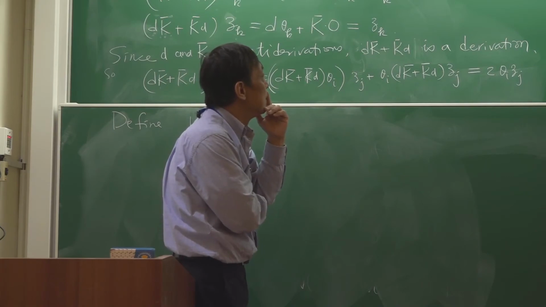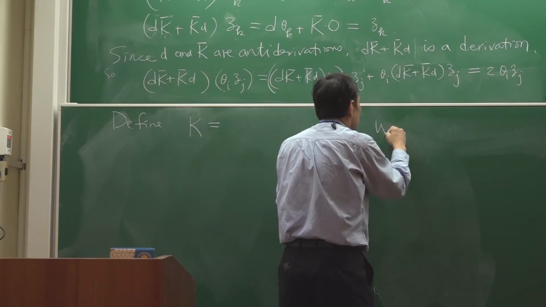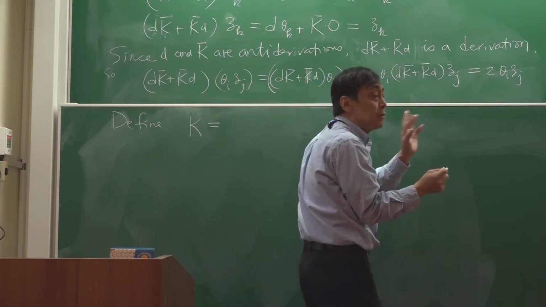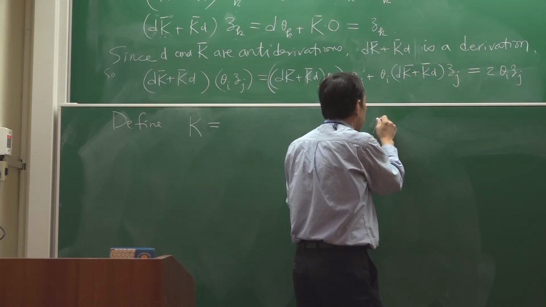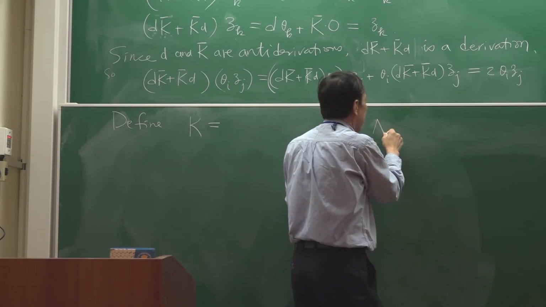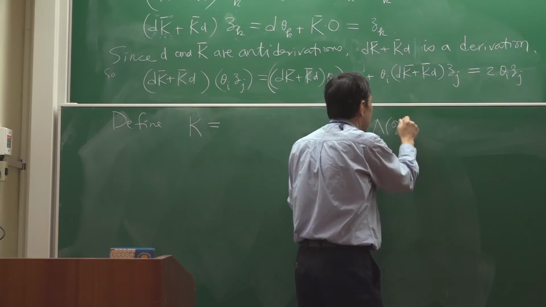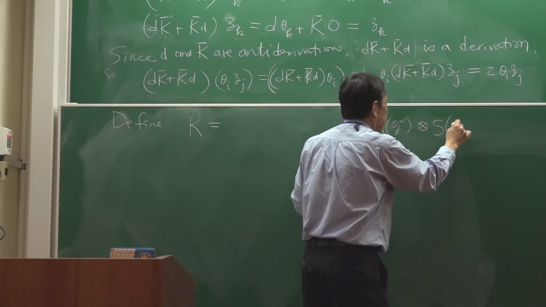So the thing is that the Weil algebra has 2 degrees, right? The Weil algebra is the exterior power tensor with the symmetric power.